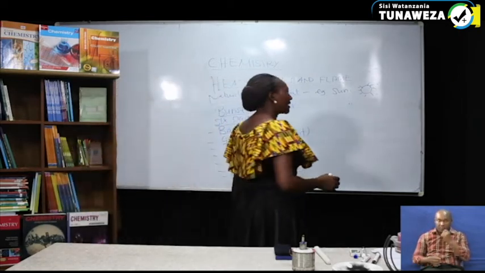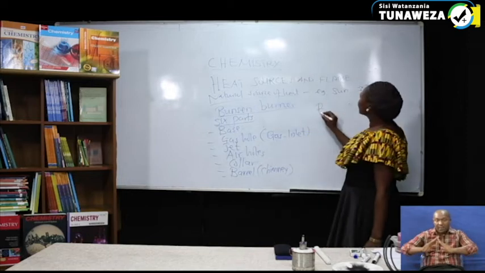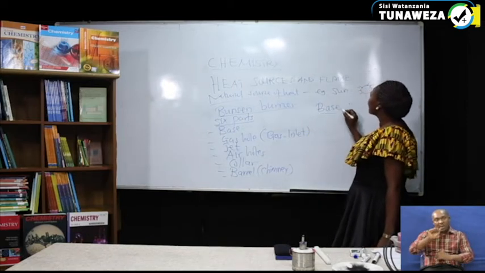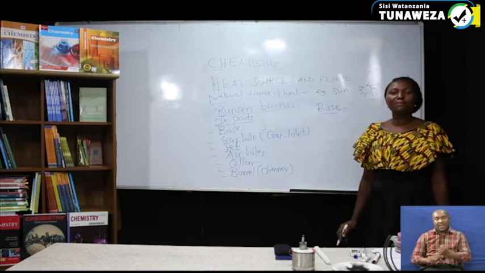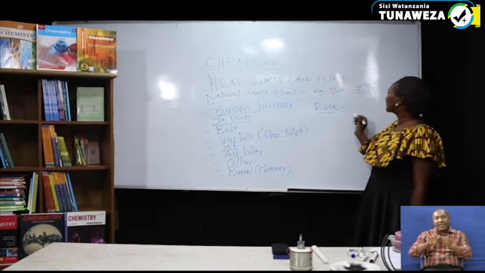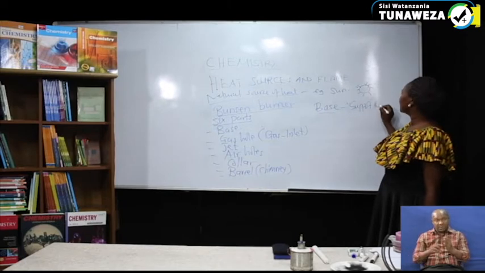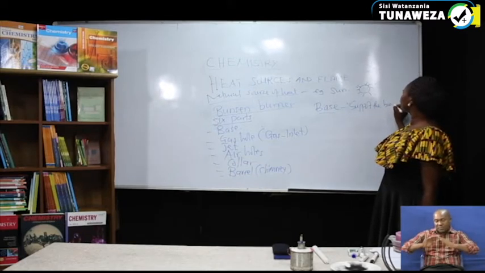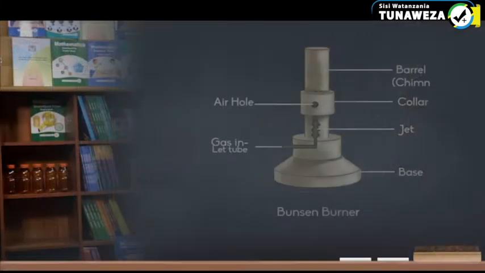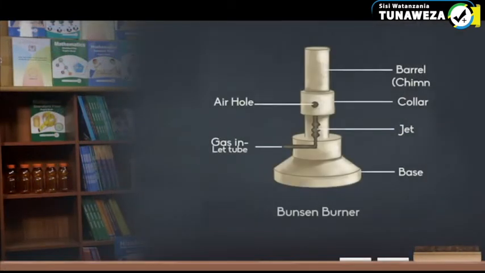Starting with the base. This normally supports the Bunsen burner due to its heavy weight when placed on the bench.